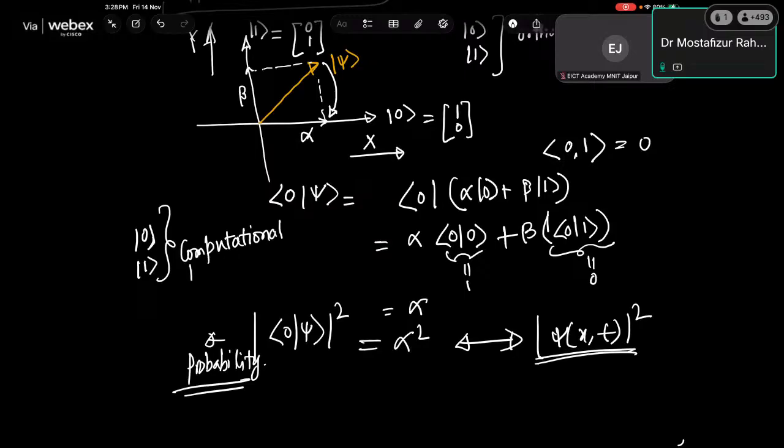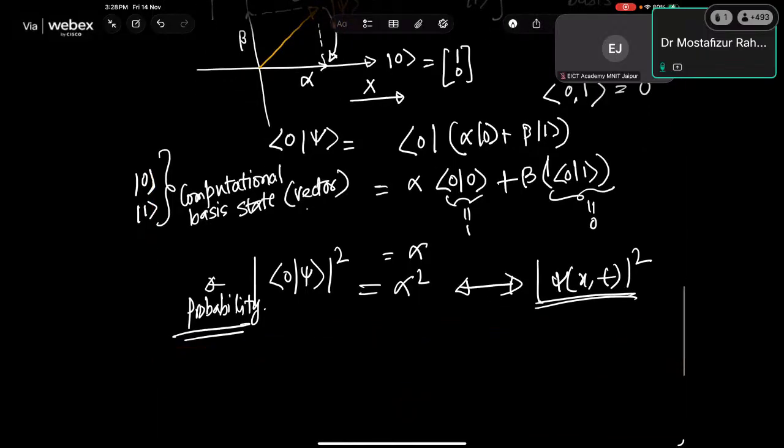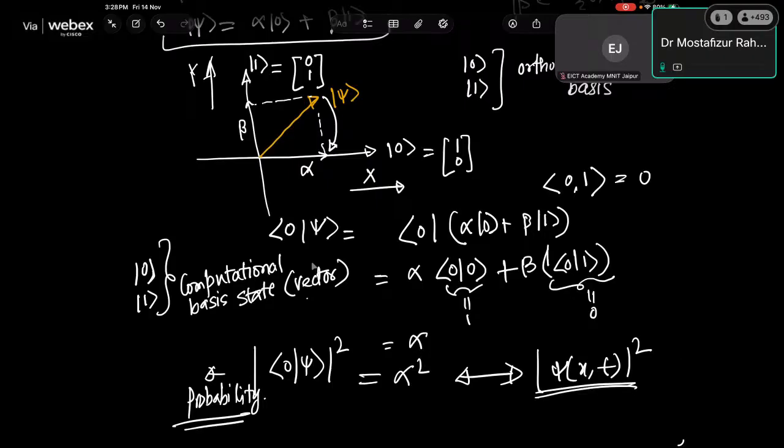Computational basis states. Nothing is written here, but something is hidden: you call it a vector, a state vector, a computational basis state vector. This word is often hidden, we don't say it, but it is there. So these two are vectors, right? And why do I say computational? Because 0 and 1 are computational bits, so we call it the computational basis.